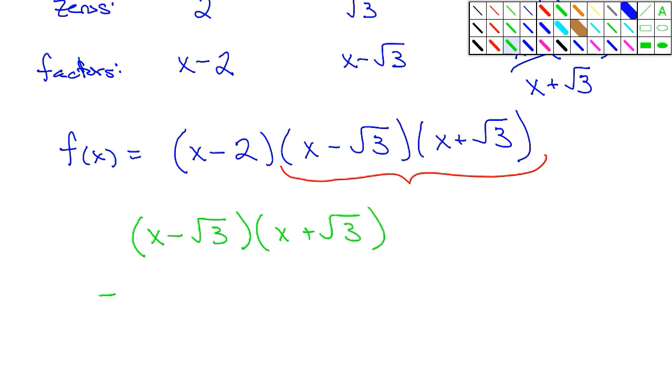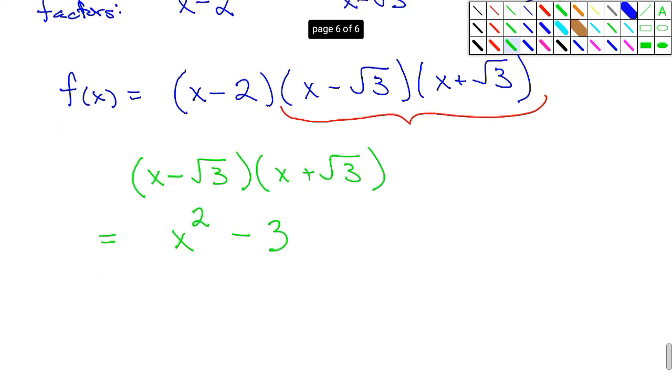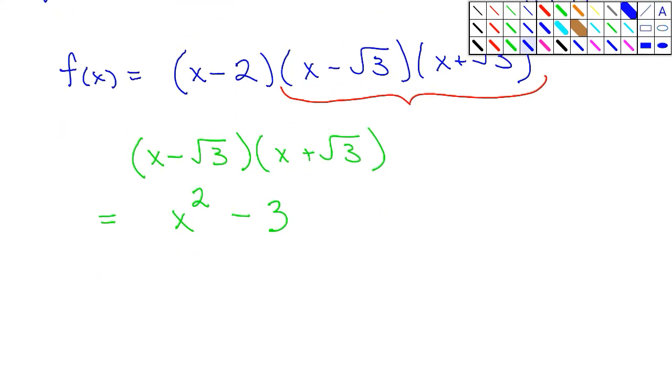They are the difference of two squares, and we know that that multiplies out to give me x squared, and then negative the square root of 3 squared, which is minus 3. So now I can take that, and my f of x is equal to x minus 2 times x squared minus 3.